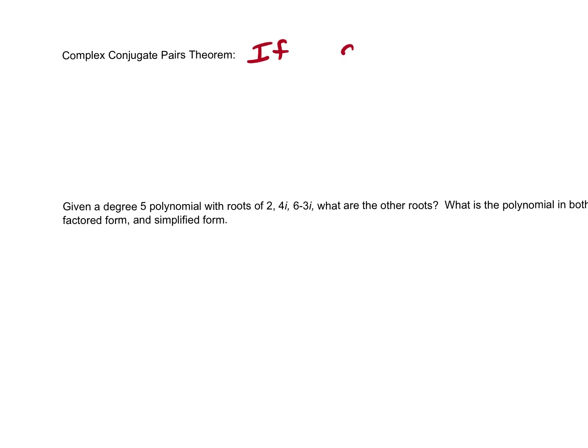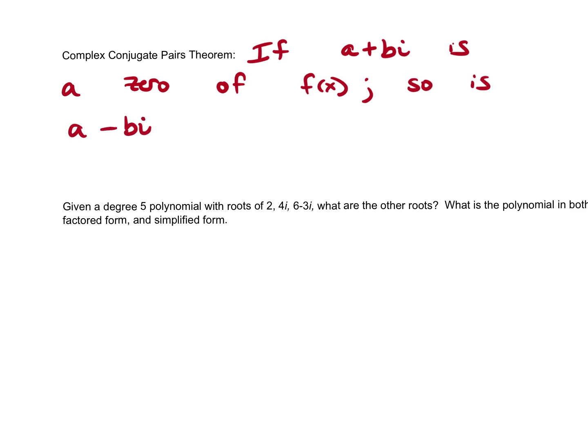It says if a plus bi is a zero of f of x, so is a minus bi. So if you have some number plus or minus something i, if this is a zero, then this would be a zero as well.